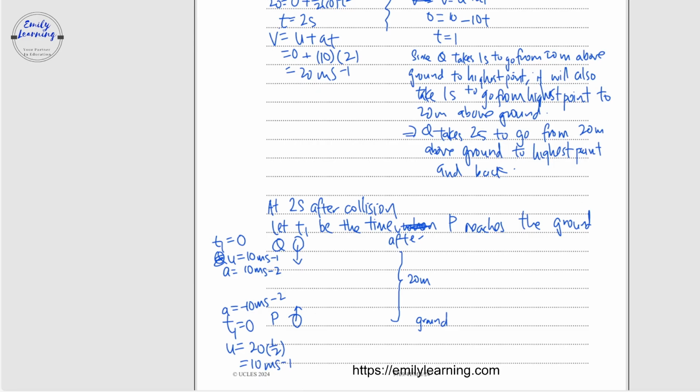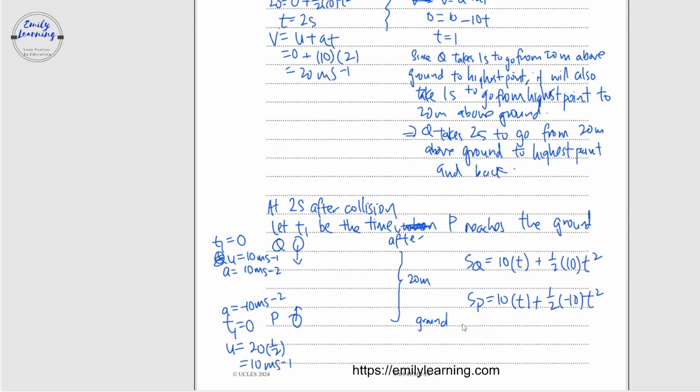So the displacement of Q from this position here is given by U times T plus half A T square. The displacement of P from this point here will be given by U times T plus half A T square.